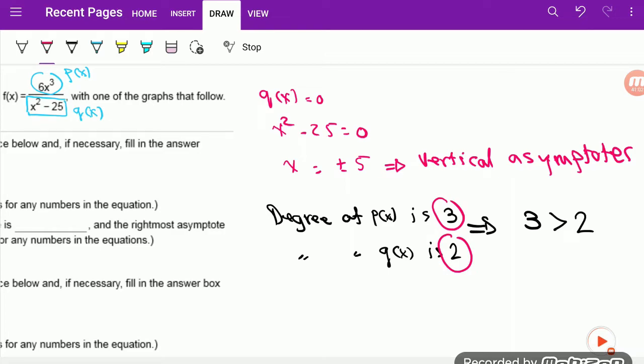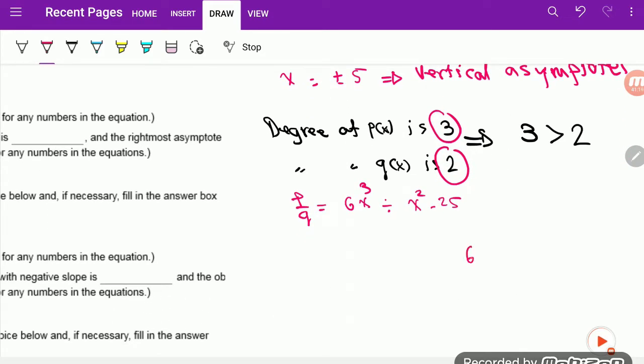Now we're going to perform the long division. I'm going to divide p over q. What is p? 6x cubed divided by x squared minus 25. So this is my dividend.